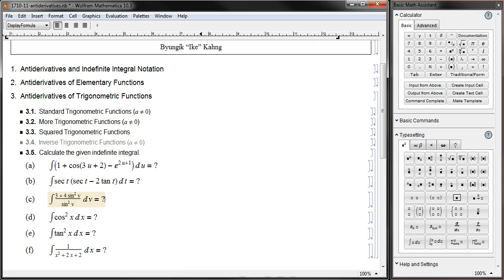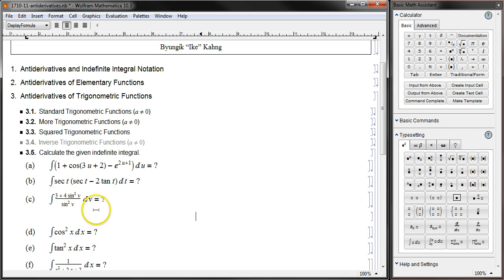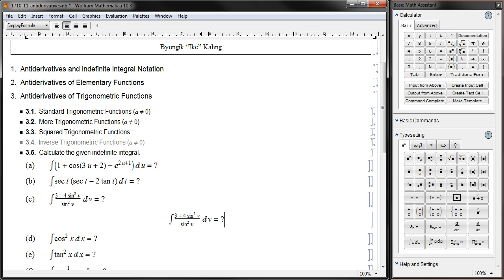How about a problem like this? Please remind yourself, what did we do for fractions? There's no such thing as quotient rule for antiderivative computations, so we did something special, something different. How did we do things differently?